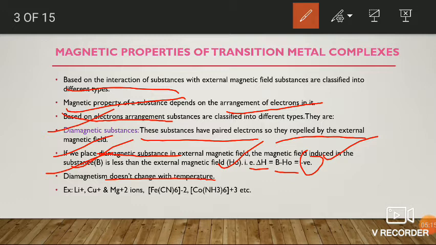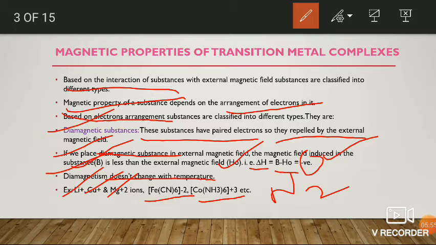If you change the temperature of a diamagnetic substance, there is no change observed in the diamagnetic property of that substance. Examples of diamagnetic substances are Li plus, Cu plus, Mg 2 plus ions, complexes like hexacyanoferrate and hexaamminecobalt ion, and also rubber, wood, as well as N2 gas. All these are examples of diamagnetic substances.